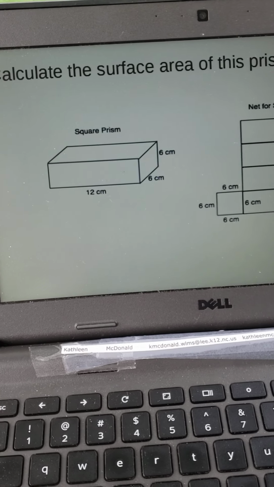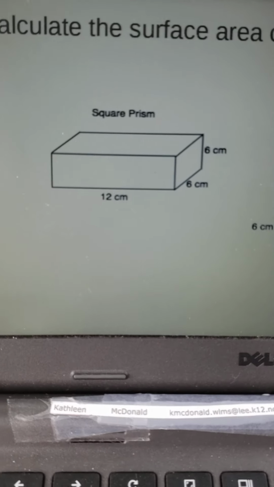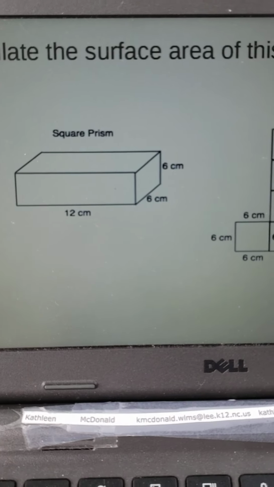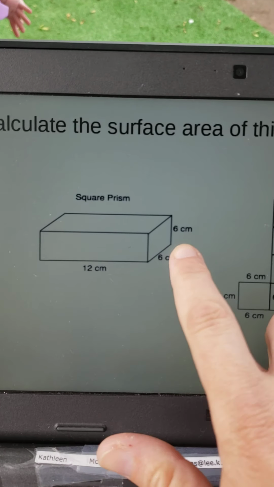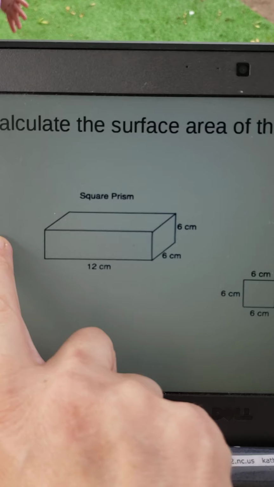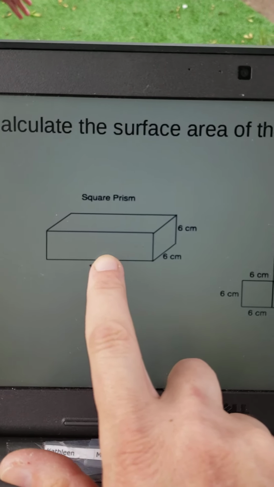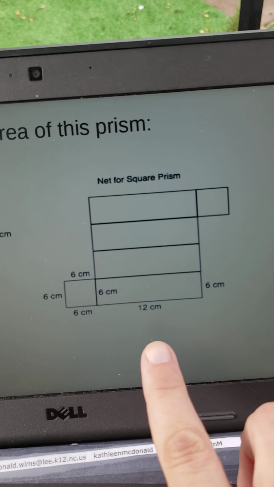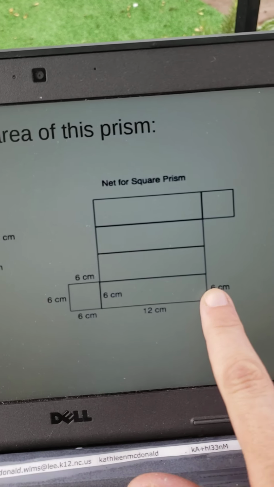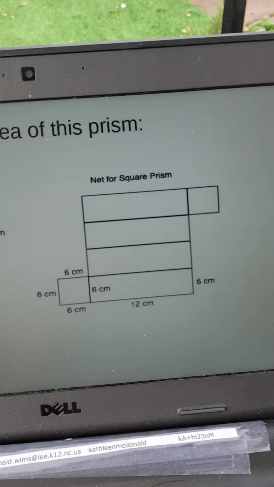All right, so if we have a prism and we know the ends are 6 times 6, we're going to get 36 here, 36 for the other end. The other sides are going to be 12 times 6, and we have 4 of those that are going to be the same.